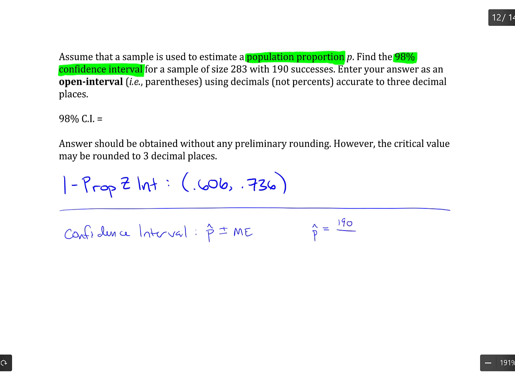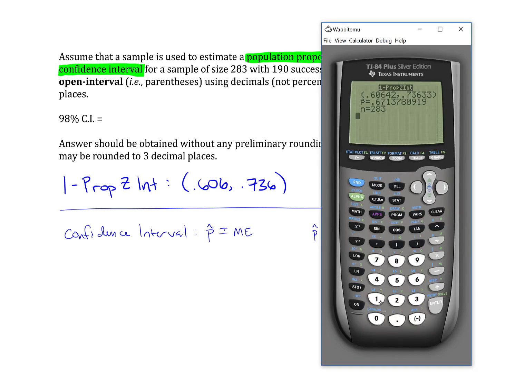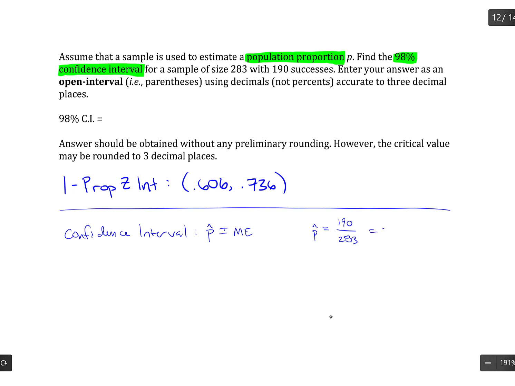You take your number of items that favor your event divided by the number of items in your sample, and that'll give you the value of p hat. So 190 divided by 283 in this case, that's, we'll say 0.67. Just take it to 2 decimals. It's said to not use any preliminary rounding, so in that case, take some more decimal places. That'll be fine. Usually it doesn't make a whole lot of difference.